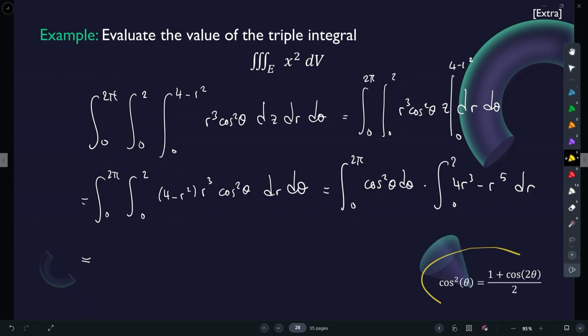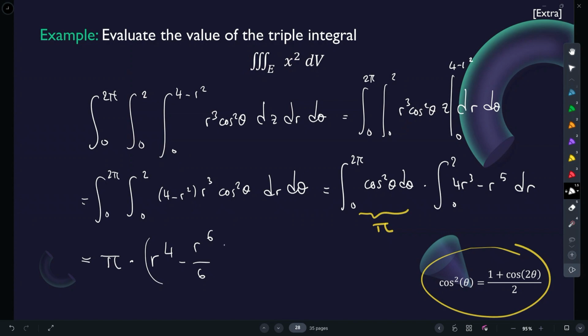I think we've done it before, in fact. Using that, this integral is in fact pi. Okay? So this is going to be pi times, the other one is going to be r to the 4 minus r to the 6 divided by 6 between 0 and 2. So that is pi times 16 minus 32 over 3, which is 16 over 3 pi, all in all.